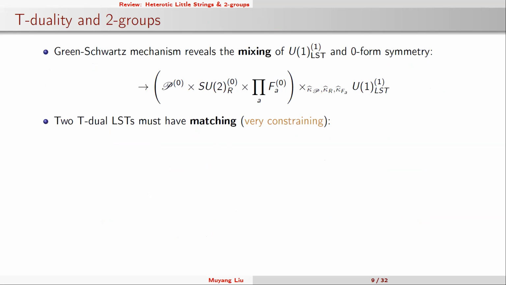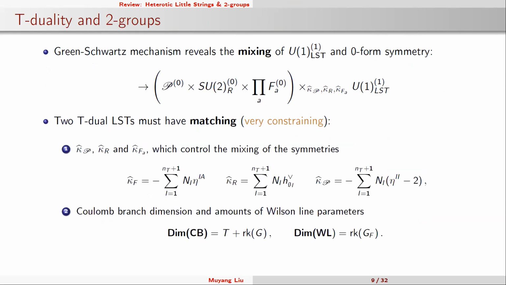And from the green flash terms, you can see that there's a mixing of the zero-form global symmetries with these universal one-form symmetries, such that the two T-dual little string series must have the following matching data. The first category is comprised of 3 structural constants, which control the mixing of the symmetries.